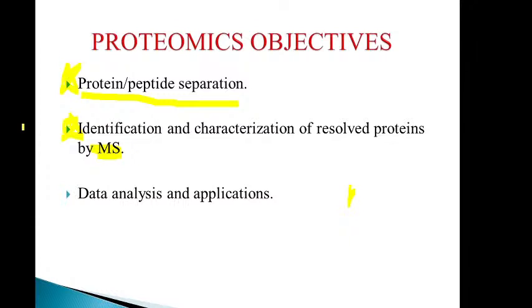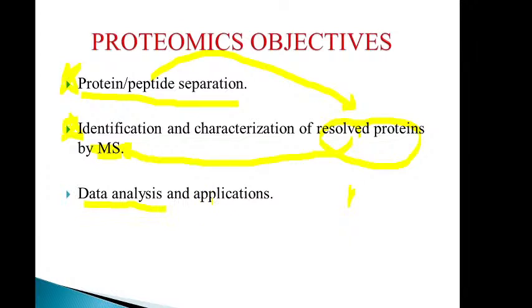The resolved proteins from the separation, we have to check under the spectrophotometry. From the mass spectrophotometry we get some data, and from those data we are able to get the results which we have to implement further.